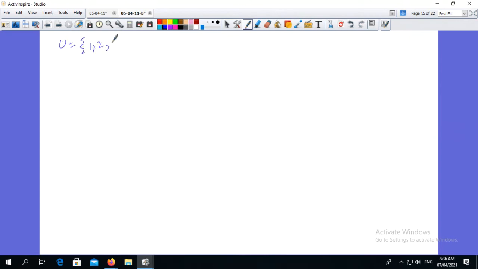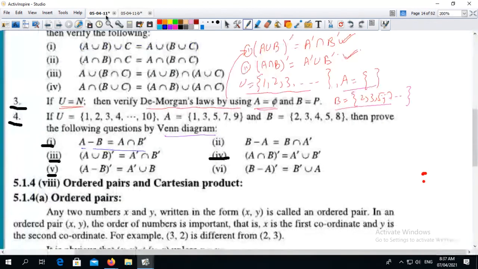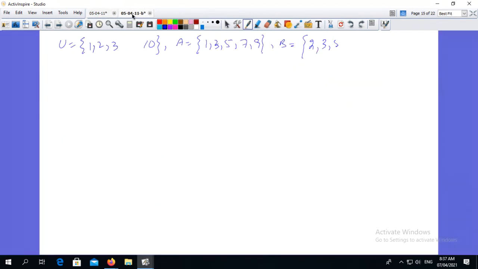U equals 1, 2, 3 to 10, A is equal to the odd numbers 1, 3, 5, 7, 9, B is 2, 3, 4, 5, 8.